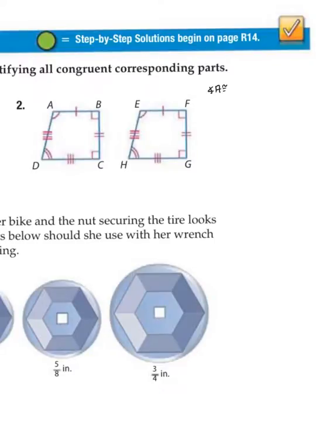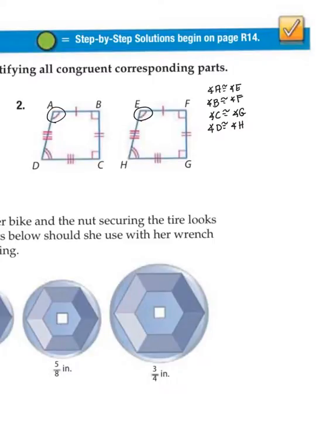Now look over and see where it matches. Because of the way that the angles are marked, I know that angle A is congruent to angle E. I know that angle B is congruent to angle F. I know that angle C is congruent to angle G. Coming on around, I know that angle D is congruent to angle H.